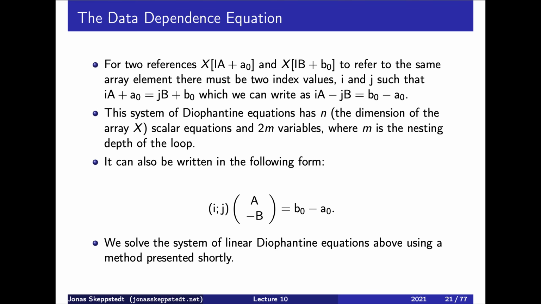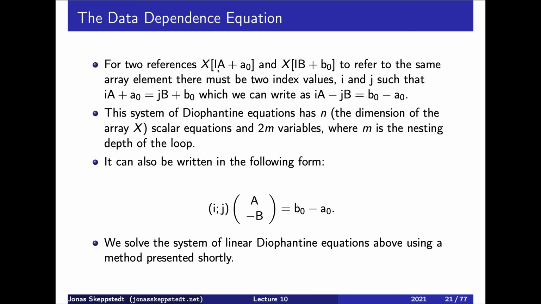If we have two references, they must be to the same matrix or vector. If they are to different variables, there are no data dependencies, since obviously they are not writing or reading the same elements. Okay, so first check if they are to the same variable.